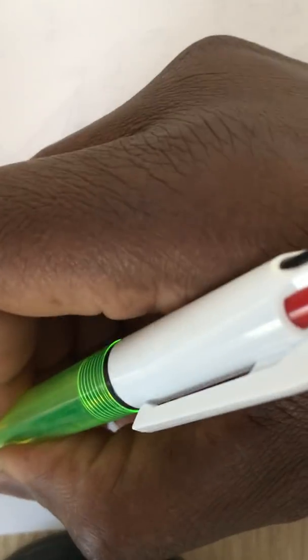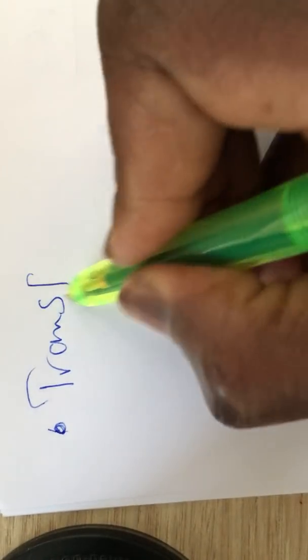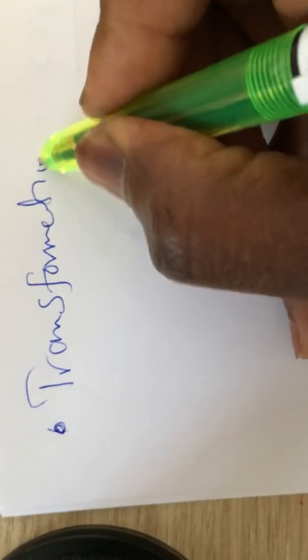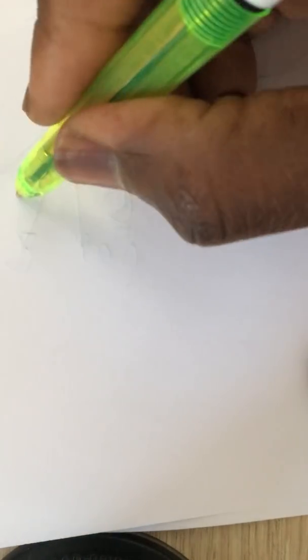Another type of line that can come under symmetry is the transformation line. This is a line that you can use to relocate the object in a different orientation. For example, I am sitting here right now.